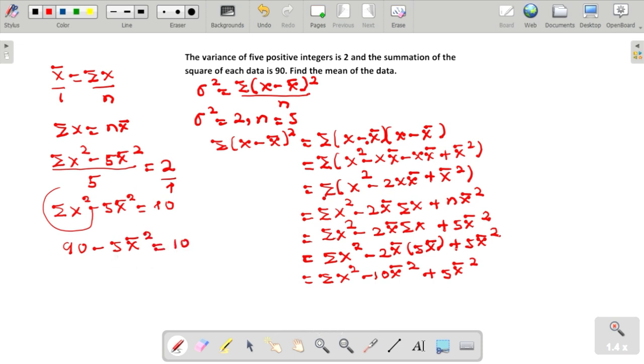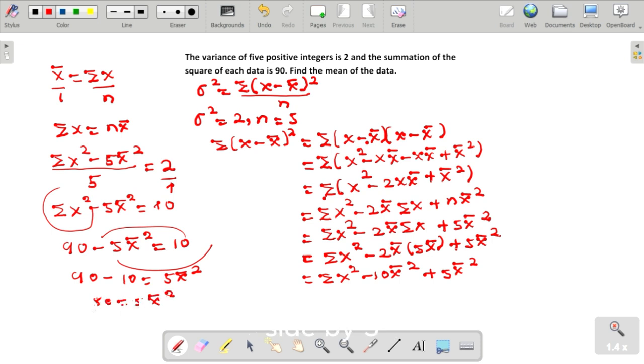Let's move this one to this side and bring 10 here. This becomes 90 minus 10, and negative 5 x bar square becomes positive 5 x bar square. So here 80 is equal to 5 x bar square.